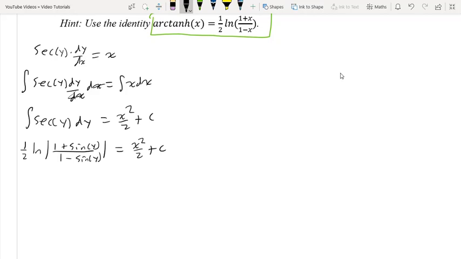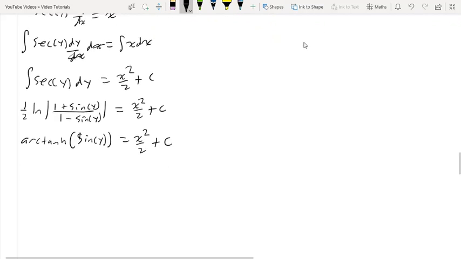And now we notice that this here is in the form of the hyperbolic tangent inverse with x being sin y. So this is equal to arctanh of sin y is equal to x squared over 2 plus c. So now if we take the hyperbolic tangent of both sides, we can isolate for sin y.